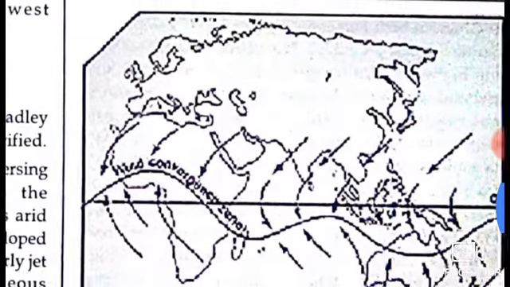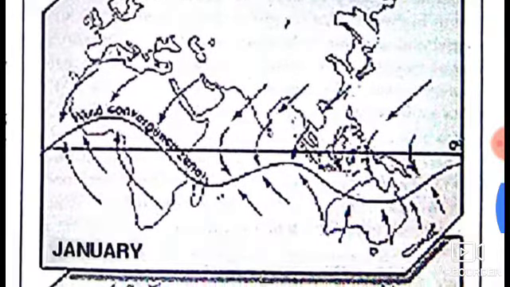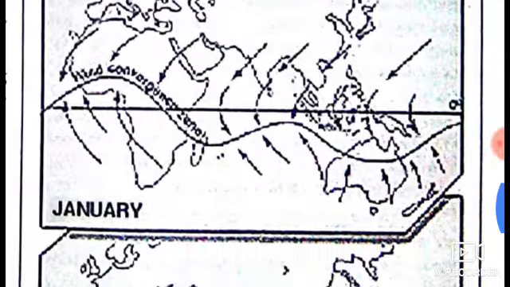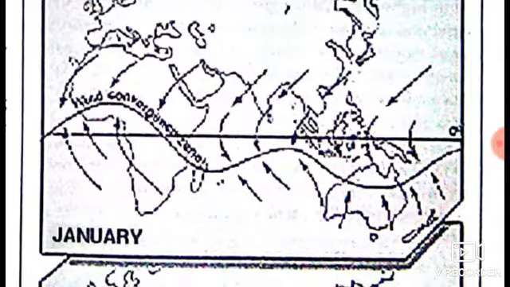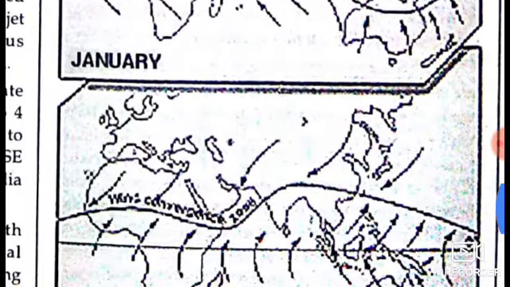So you can see in the diagram, in January month and July month.